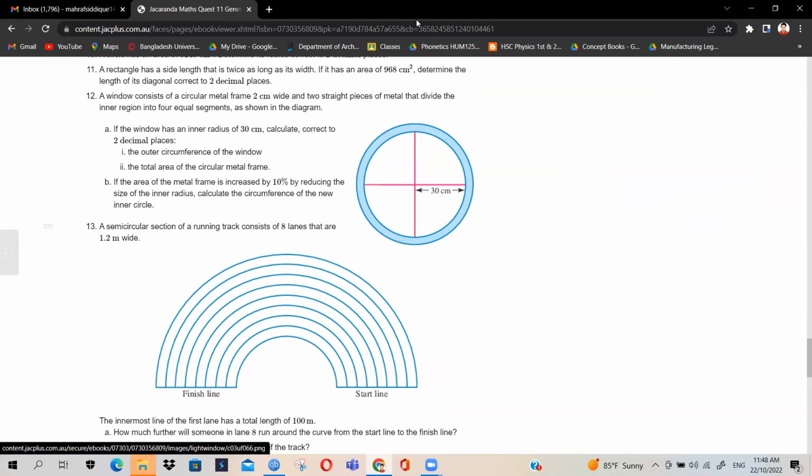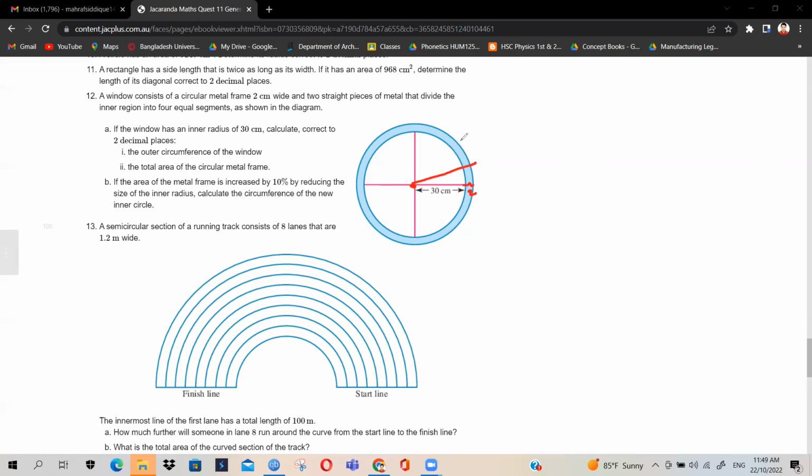All right. So now it's a very interesting thing. Circumference is really easy, as you can understand. If this is 2 centimeter wide, what will be the radius from this point to this point, like the outer circle?